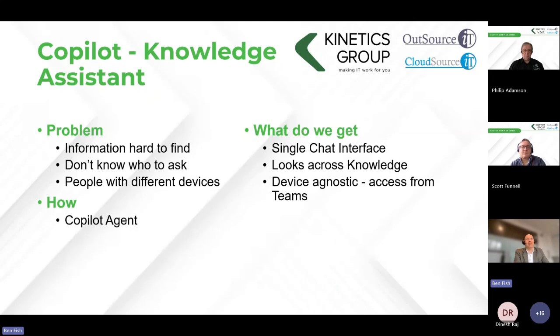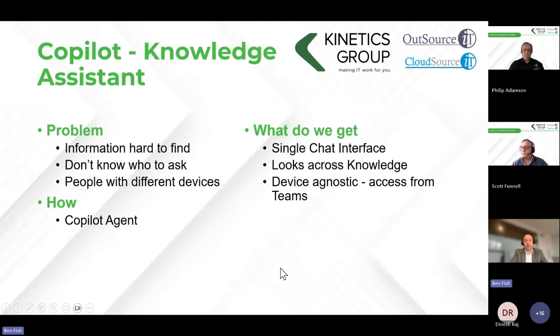They're fairly straightforward to actually get to, but by developing a knowledge assistant, we've actually made it easier for people to go to Teams or to Copilot on their mobile or on their desktop computer and ask questions to address queries they have about working at Kinetics.